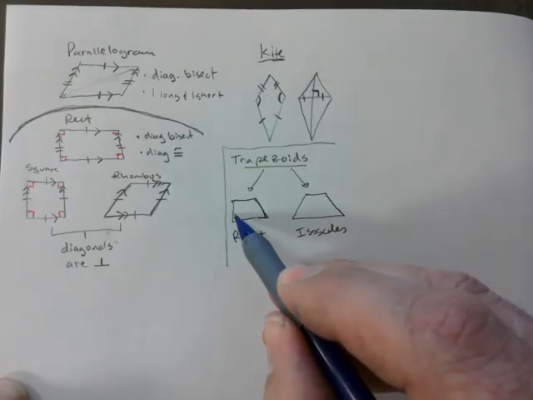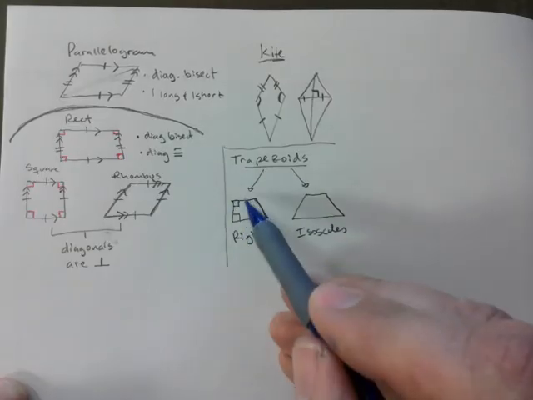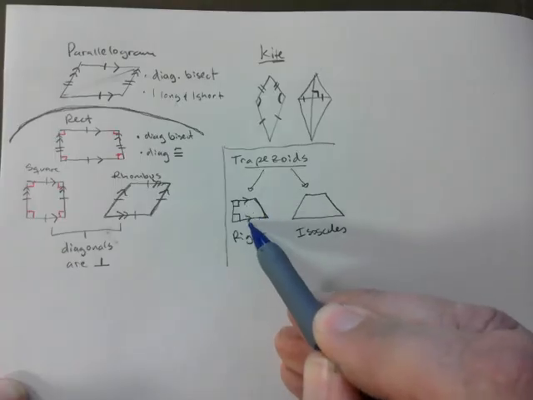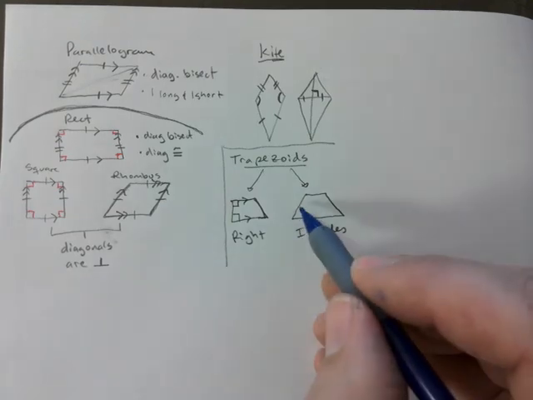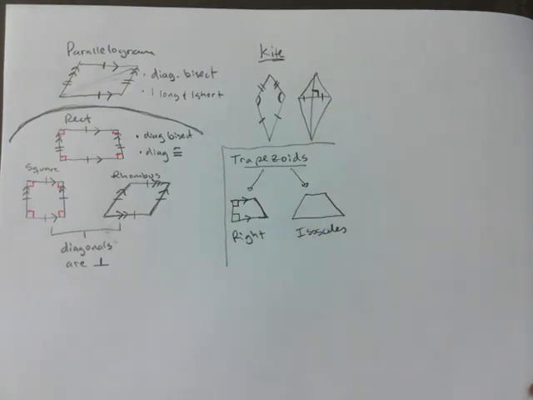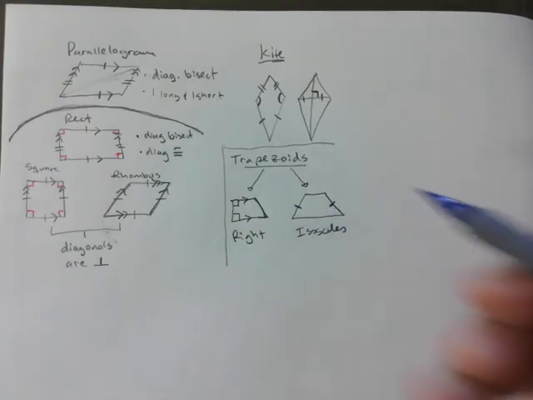What do we know about the right? We know that there's 90s and 90s, and that there's one pair of parallel sides. Obviously, this one is not the same as the one I just gave you, right? It's not as detailed. But if I had to choose between nothing and something, this one at least could probably get you by. Isosceles, this one is the same as that one.